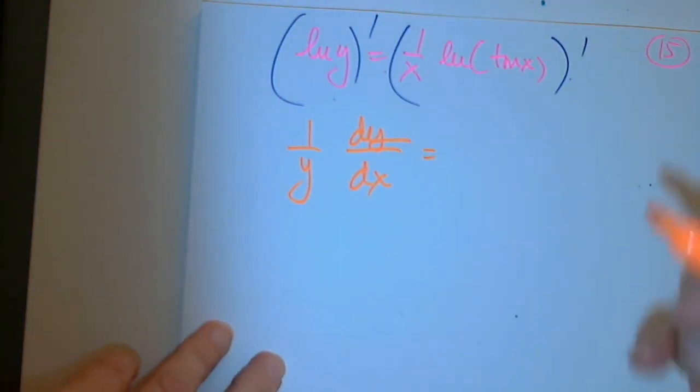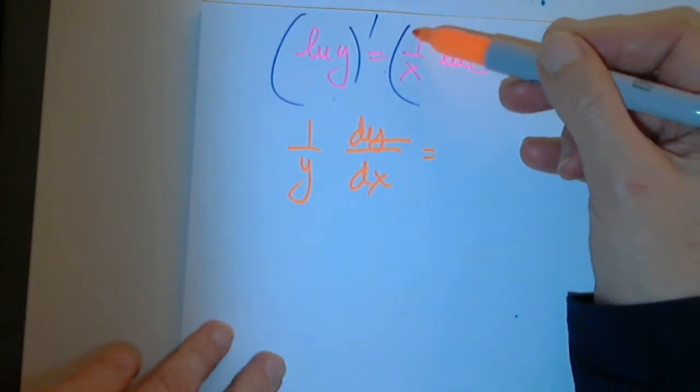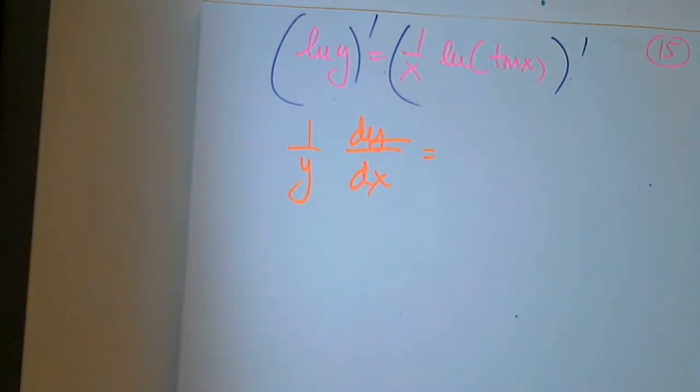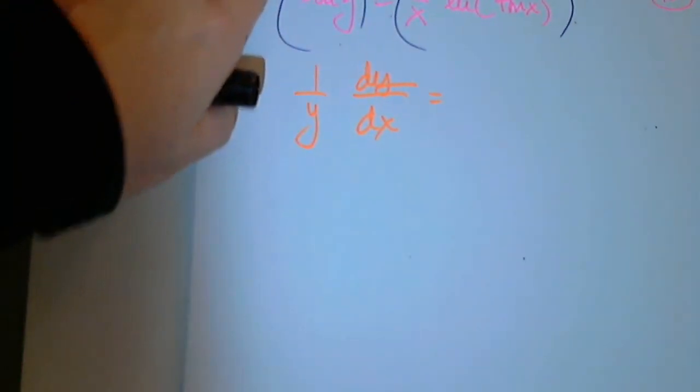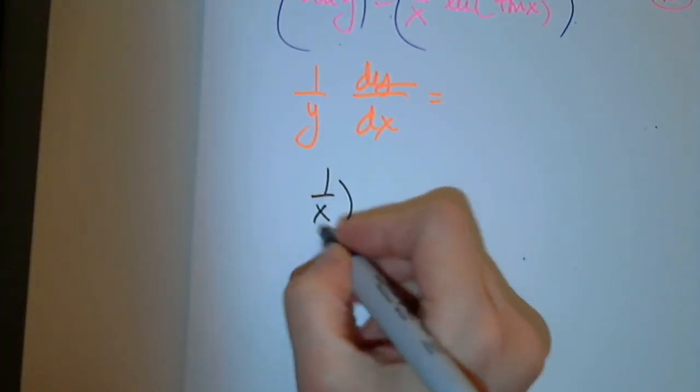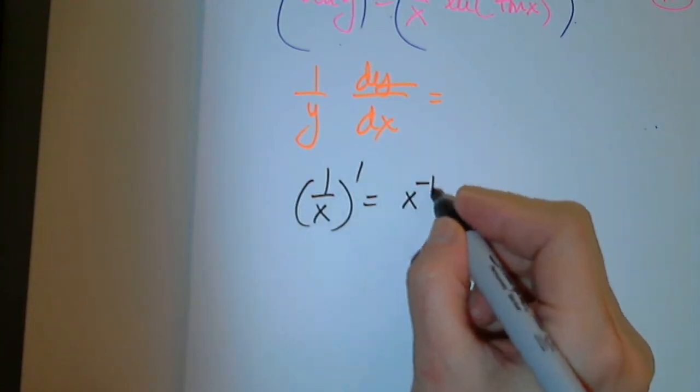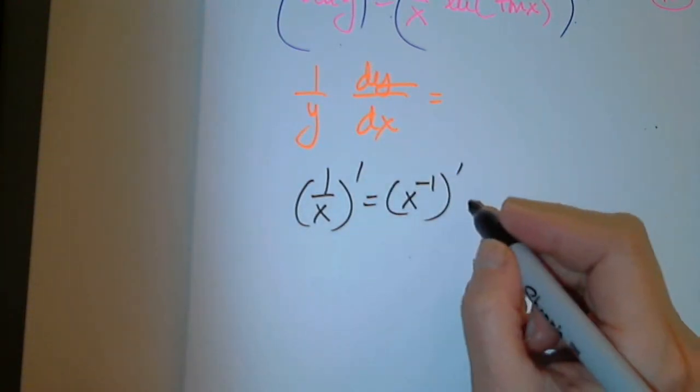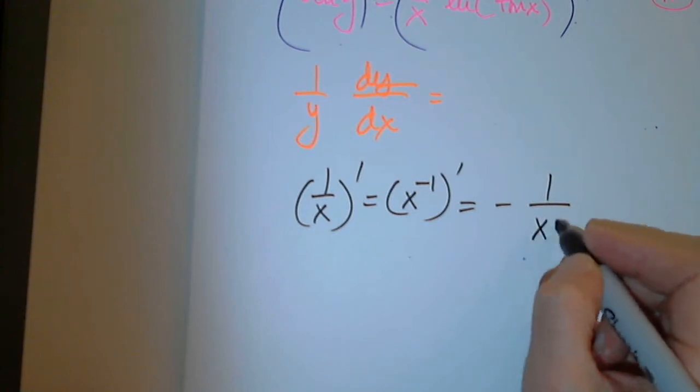Now the other side. Remember this, and I would like us moving forward, like we did with the square root of x, like we did with, let's say, x squared or e to the x, to remember how to differentiate 1 over x. 1 over x prime is basically x to negative 1 prime, which is negative 1 over x squared.